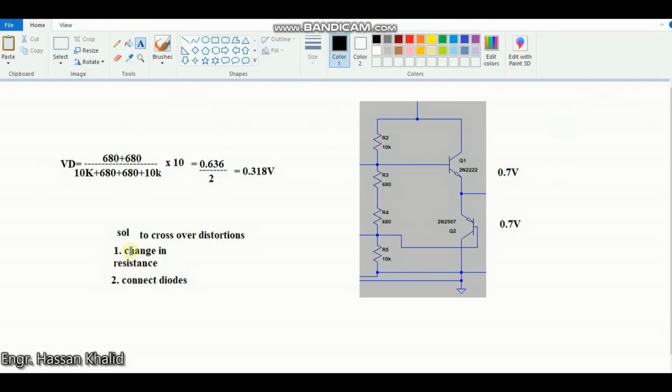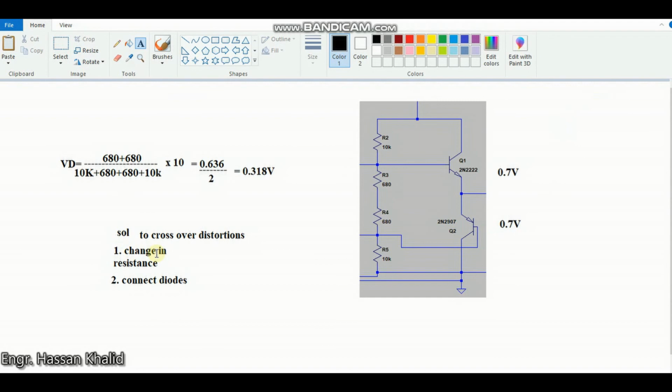In most cases people use the first type of solution, the change in resistances, and sometimes it is not advantageous because of the power dissipation. Due to the availability of diodes, which are very fast in switching and have very good characteristics, they are most preferable.